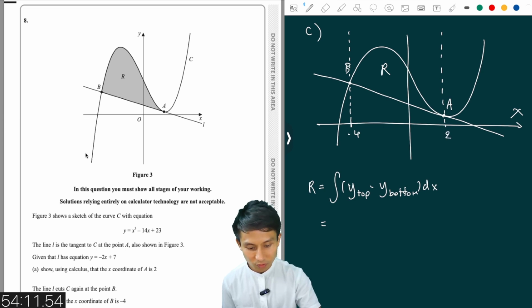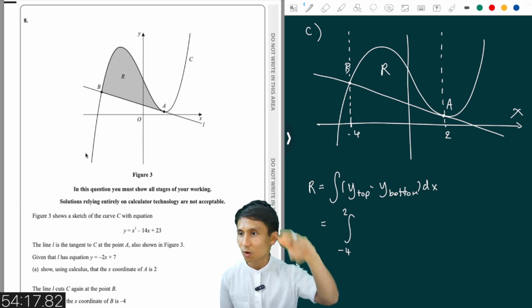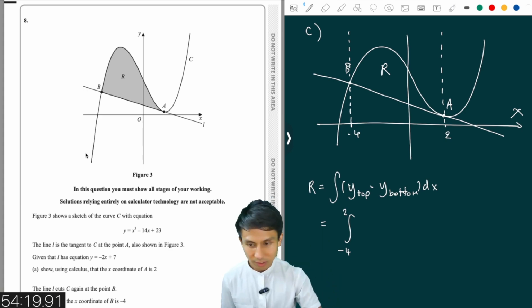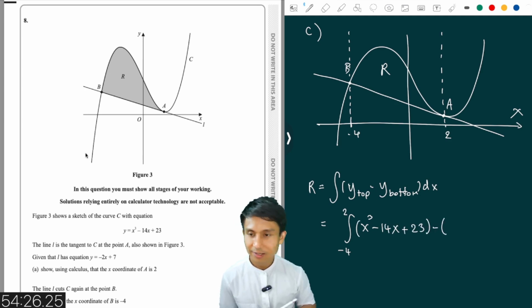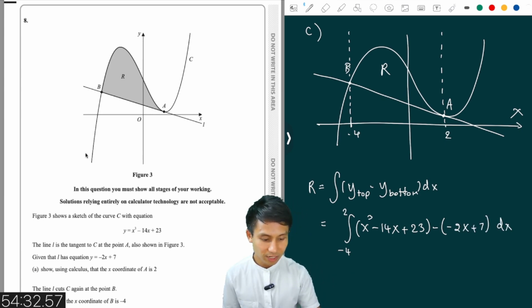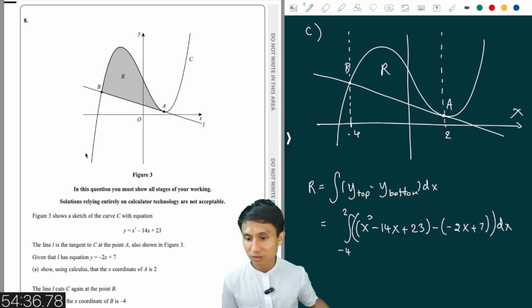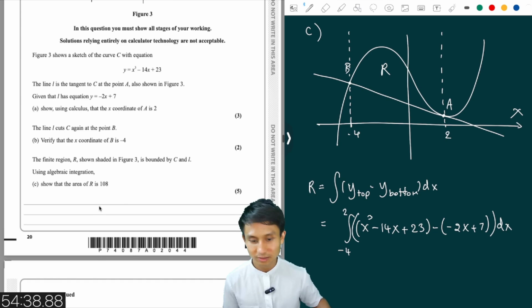So that would be integral minus 4 to 2 of the top function. The one above is the curve. So that's x to the power of 3 minus 14x plus 23 minus the function below. So that's the line, which is minus 2x plus 7. And then we do dx here. Okay, and put the bounds from minus 4 to 2. And that's going to give us 108.